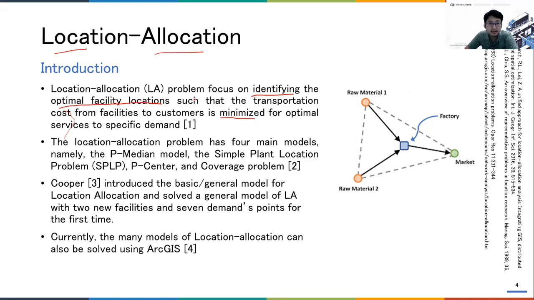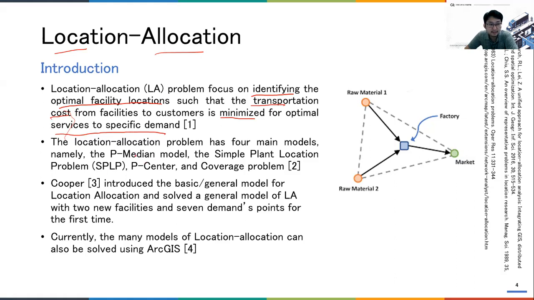But normally, the consideration of location allocation problems is to minimize the total cost, whether it's related to the transportation cost or the cost of opening or closing those facilities. Another thing that needs to be considered is that you will have specific demand from several customers, and then you will need to satisfy it based on what consideration you use in your model.